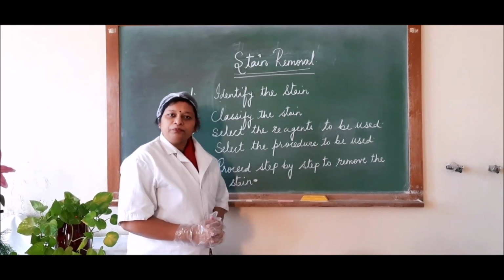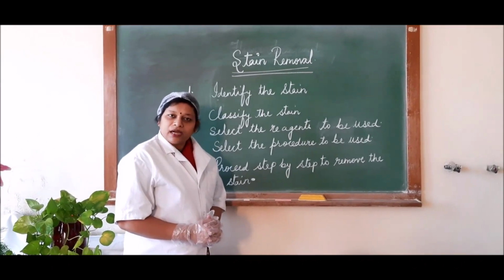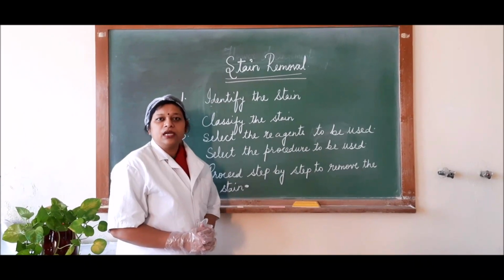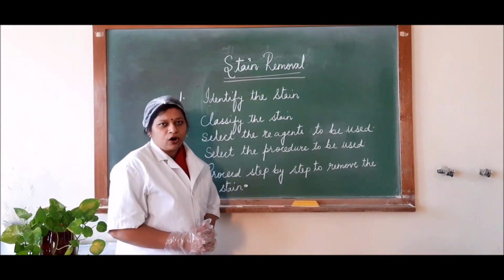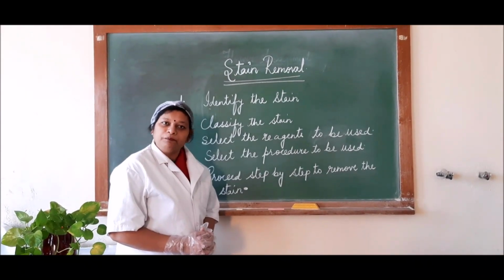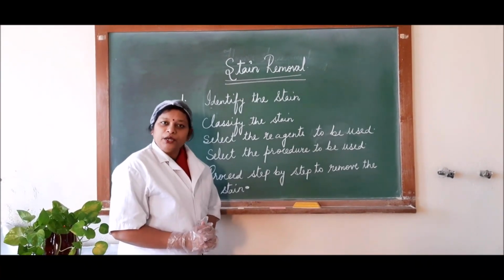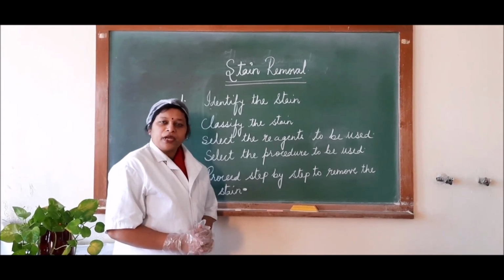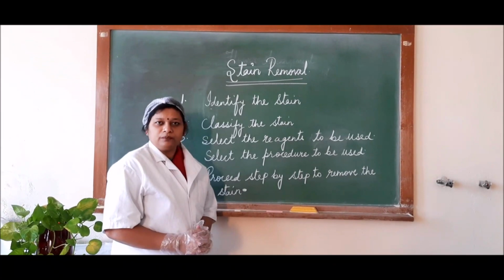As we all know, hotel guests come to the hotel to stay, and they will give us soiled clothes for washing, dry cleaning or pressing. If any stains are formed on the fabric, it is the duty of the laundry personnel to have the stains removed. Now, who will be doing the stain removal?